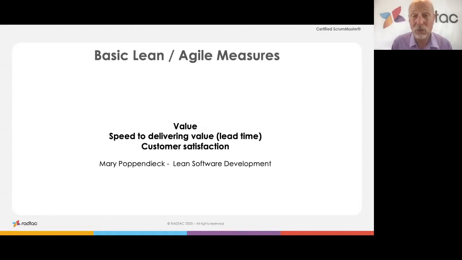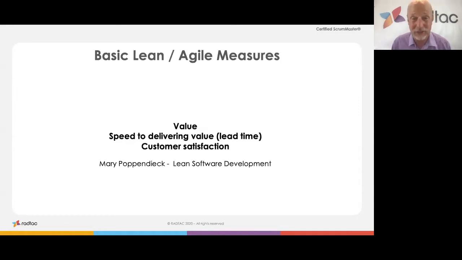The customer wants 5 units a week. However, we're producing 5,000 units a week. Well, that's not going to be very good. Or alternatively, the customer wants 5,000 units a week and we're producing 5. Again, that's not very good. So takt time is about looking at that. Are we actually aligned to the consumption speed of our customer or the market or the business or whatever it is? So it's another good thing to look at.